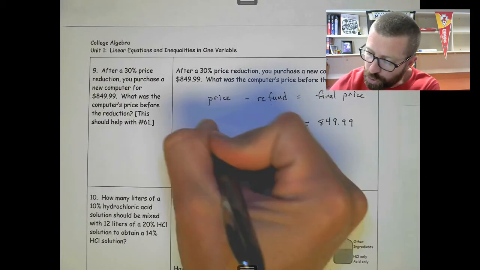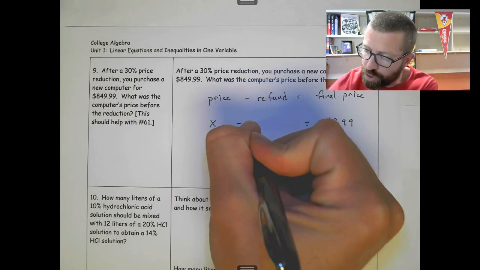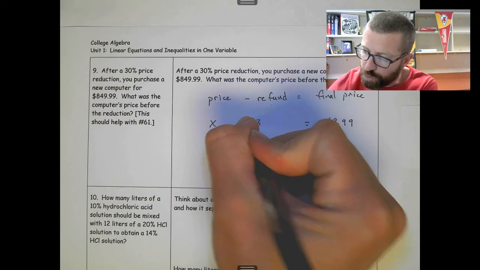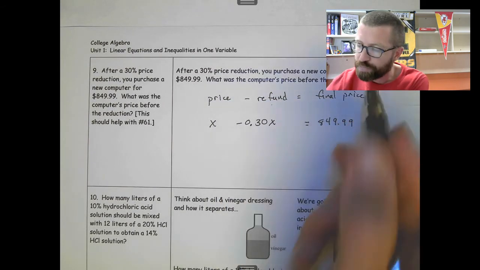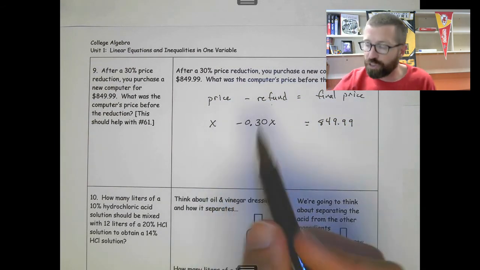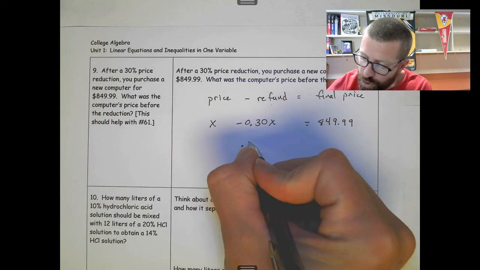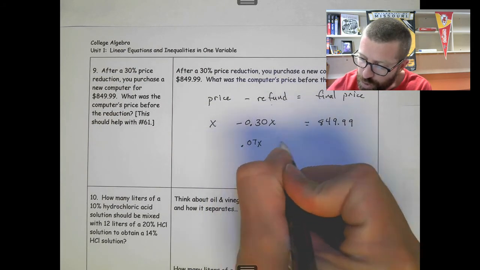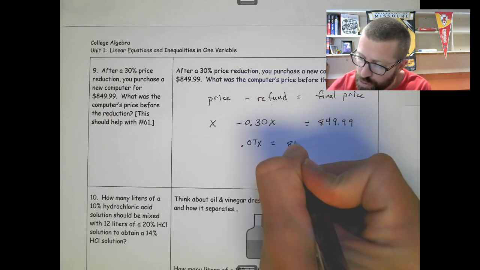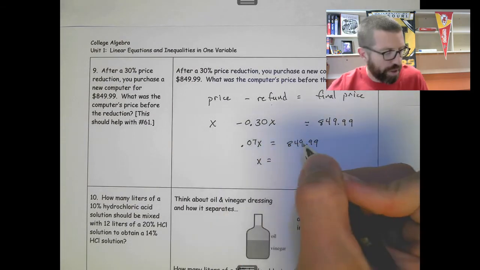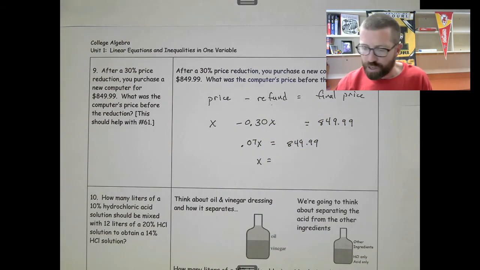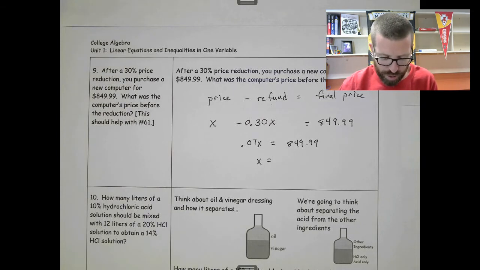So this is original price minus the refund is the final price. So we don't know what the original price is. So let's put that. But we knew they took 30% off. So to find 30%, you do 0.30 times X. You can also think of this as if it's 30% off, then it's really only 70% of the original. And then you can divide 849.99 divided by 0.7.